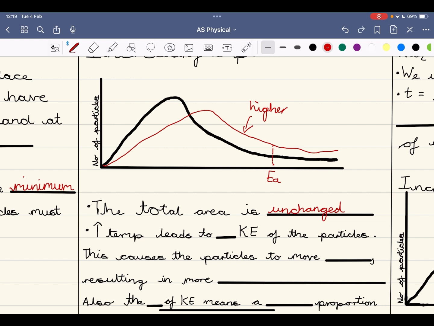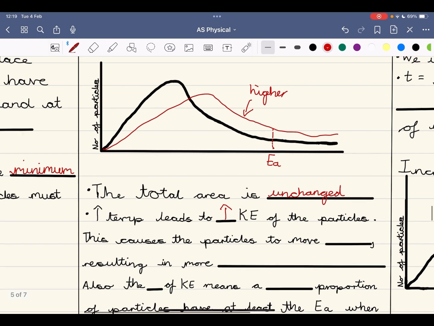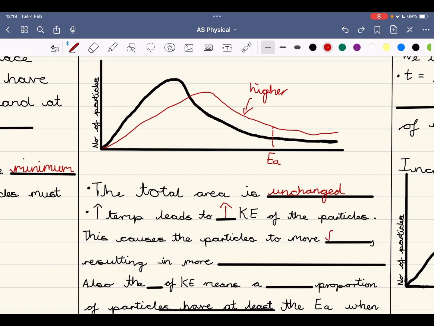However, if we increase the temperature, this leads to an increase of kinetic energy of the particles, and this causes the particles to move faster, resulting in more frequent successful collisions.